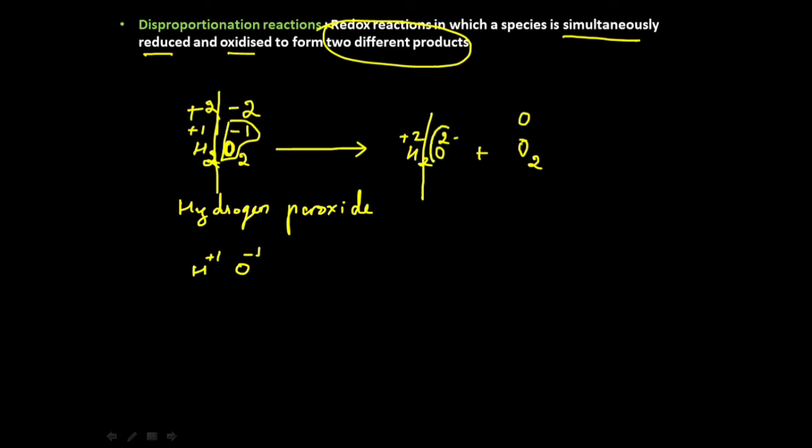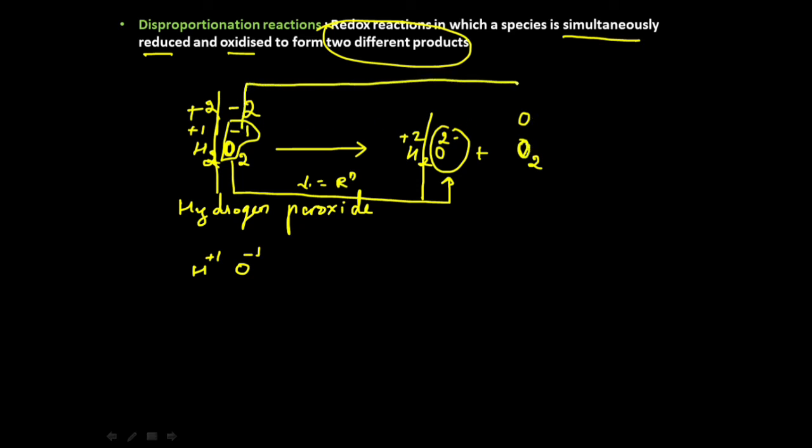In this case single oxygen was showing minus 1 oxidation state. Here single oxygen is showing minus 2 oxidation state. Minus 1 to minus 2 means a decrease in the oxidation state, so that is nothing but reduction. But the same oxygen here shows 0 oxidation state, that is minus 1 to 0, nothing but an increase in the oxidation state, so it is oxidation.